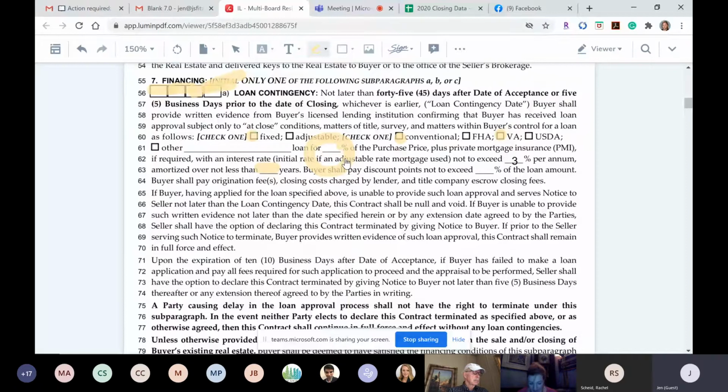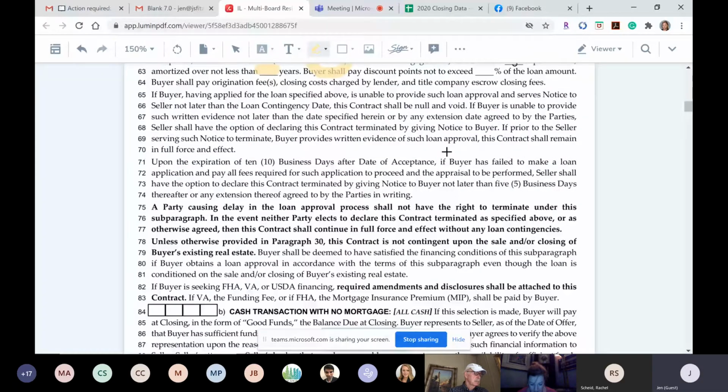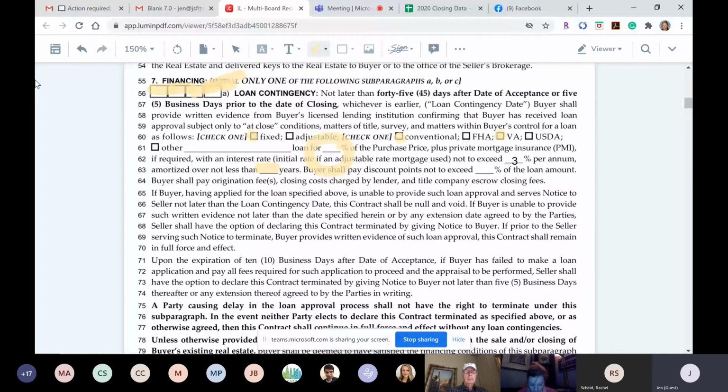Then they can get out of this contract. And that's the whole purpose of this financing contingency, is to let them get out if they can't get the terms that they need to make this purchase make sense for them. Okay. So yeah, check what you know, do your best, and you can't mess it up.